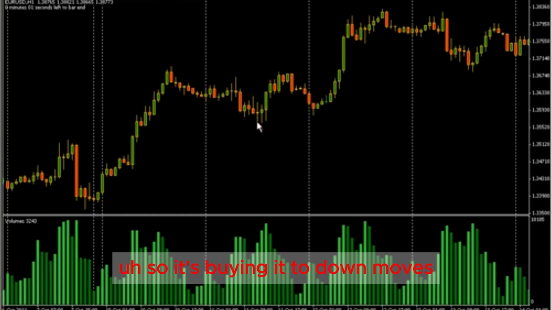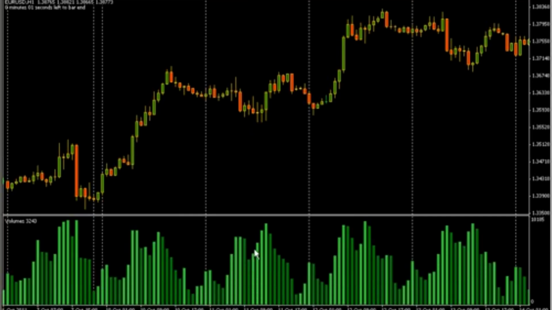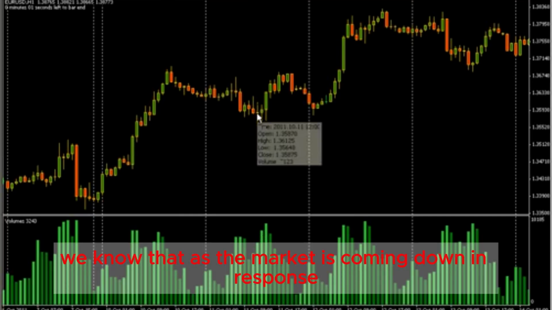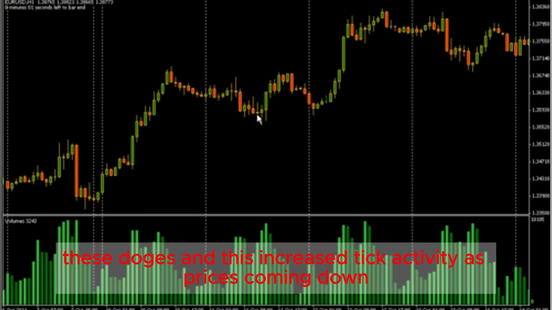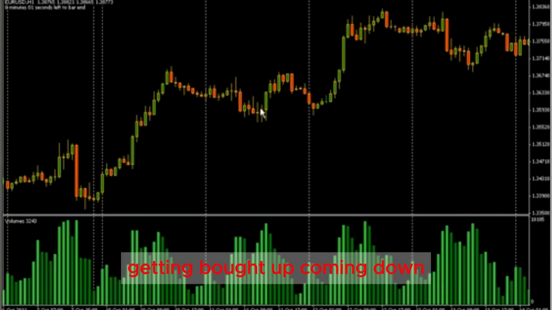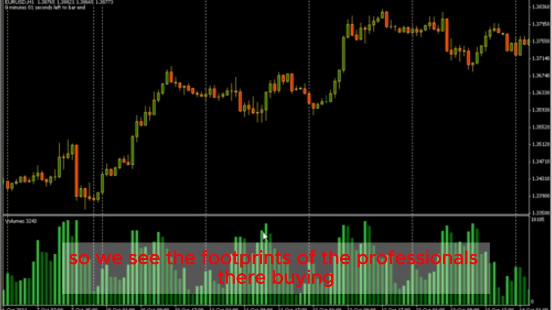So it's buying into down moves, and it remains hidden as far as price, that these large buy orders come in here. But with the tick activity, we know that as the market is coming down, in response, their buy orders are coming in. So it ends up with these pins, these dojis, and this increased tick activity as price is coming down, getting bought up, coming down, getting bought up. So we see the footprints of the professionals there buying.